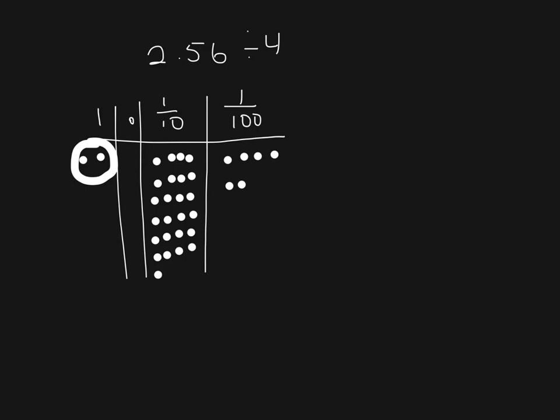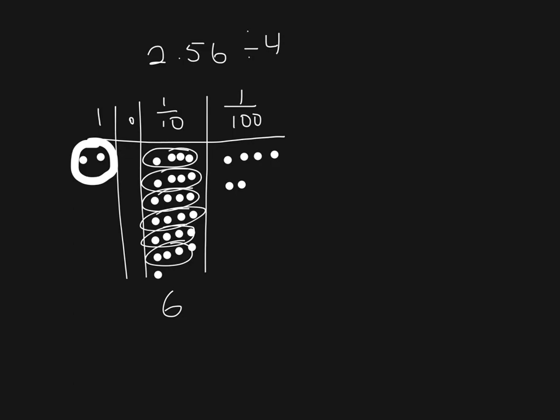Okay, so I should have a total of 25 in the tens place. And I'm going to go back and circle groups of 4. 1, 2, 3, 4, 5, 6, and then I've got this 1 left over.